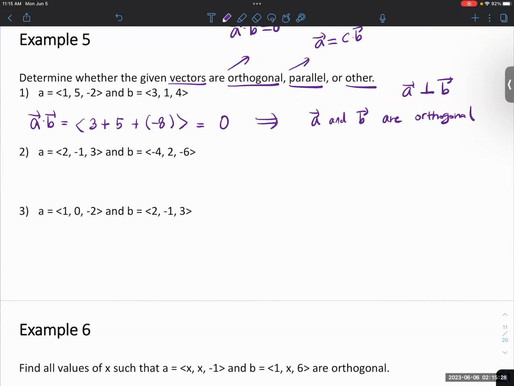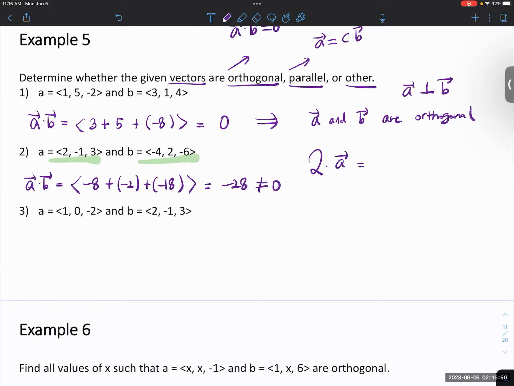How about letter B? Let's check A dot B. 2 times negative 4 is negative 8, plus negative 1 times 2 is negative 2, plus 3 times 6 is 18, so we got negative 28, wait, that is not equal to 0. So let's look at the pattern. If you multiply A vector by 2, 2 times 2, negative 1, 3.